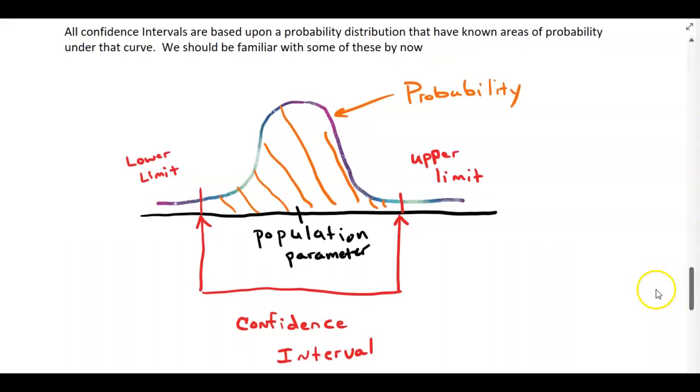We take a lower limit of our confidence interval and an upper limit of our confidence interval. These are the two targets, if you will, that we have to hit. And the probability in between them and under the curve is our confidence level.